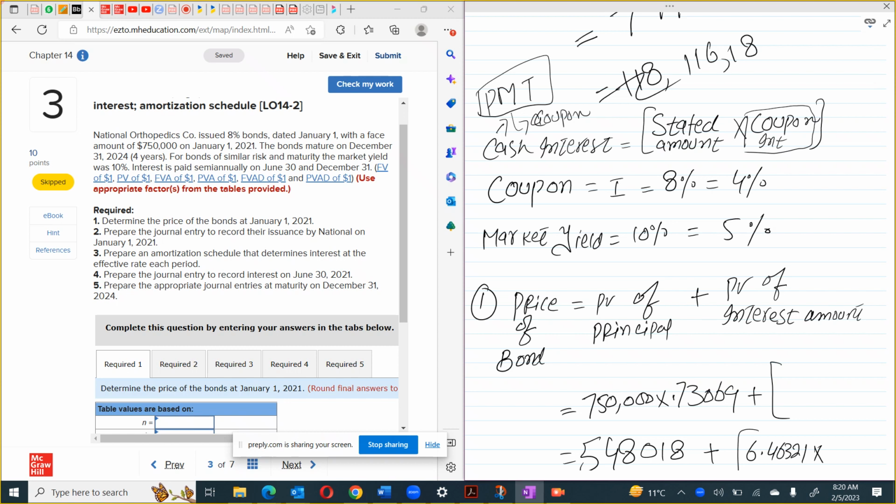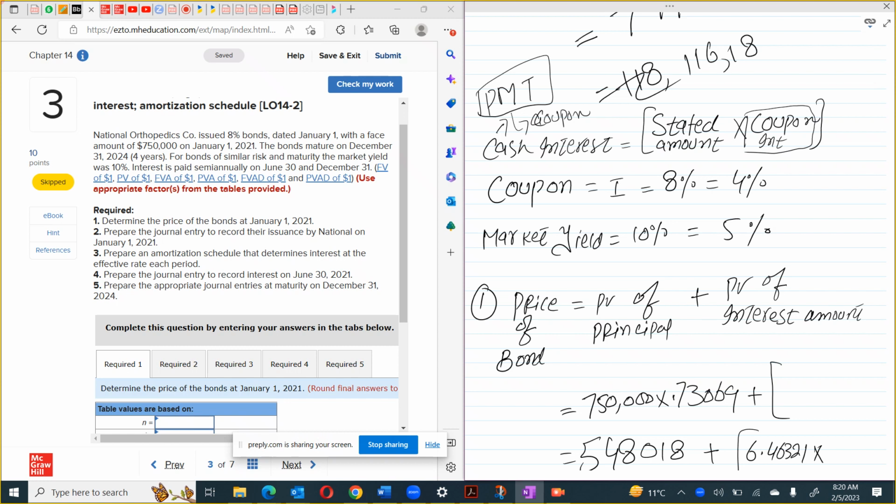If you want to calculate the present value, either the present value of principal or the present value of the interest amount, which rate will you use? The market rate, market yield, effective rate. But if you want to calculate the amount of cash interest, what rate will you use?